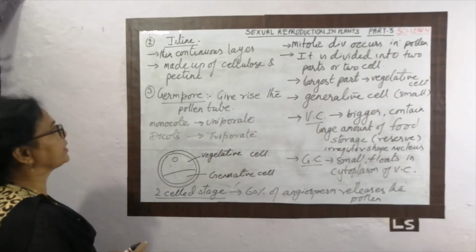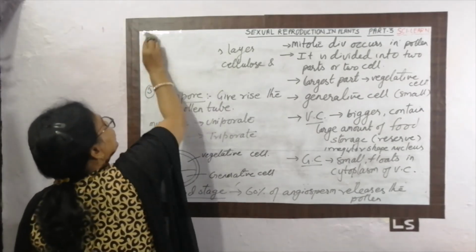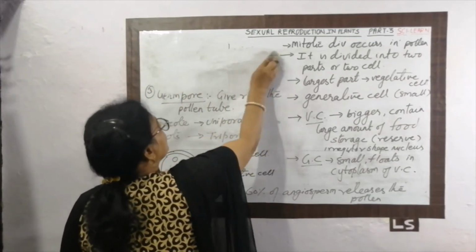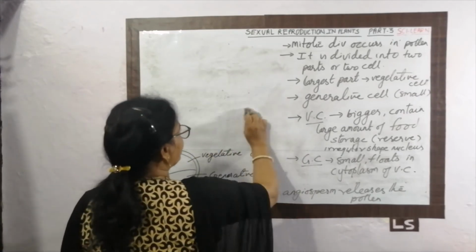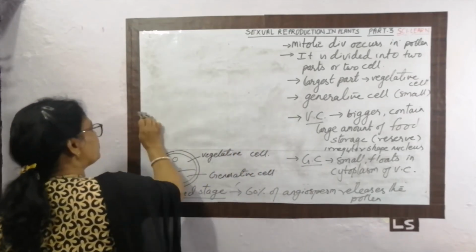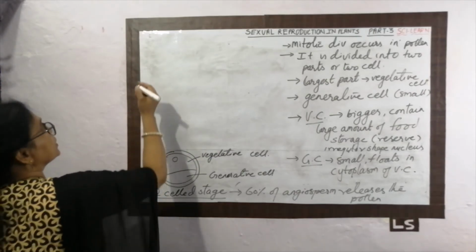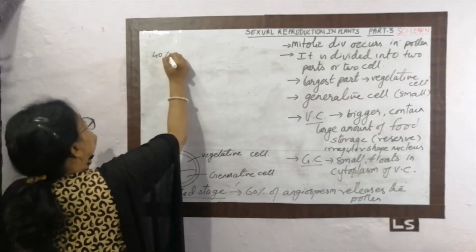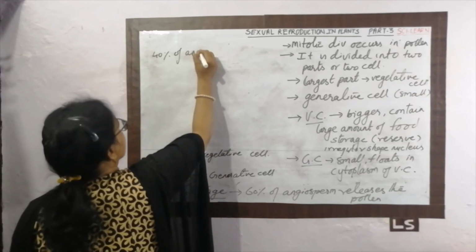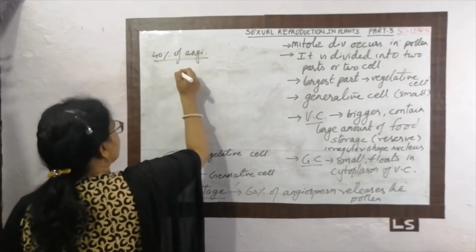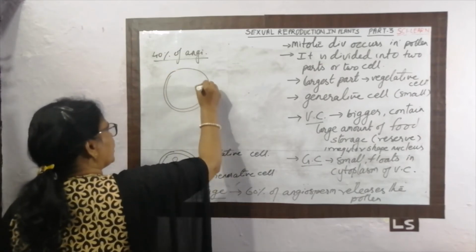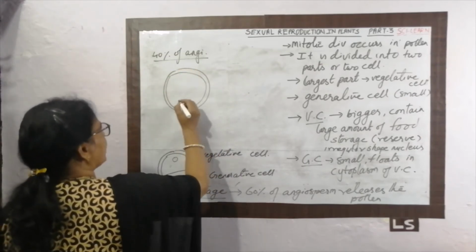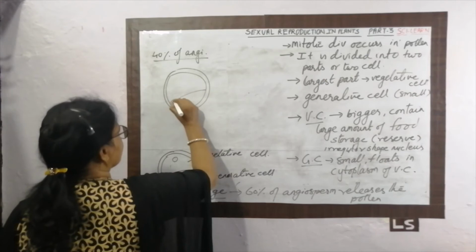But what happened in the rest, the 40%? In the rest 40% of angiosperms, the pollen goes for the three-cell structure. The first division occurs, and a two-cell structure is formed like this.